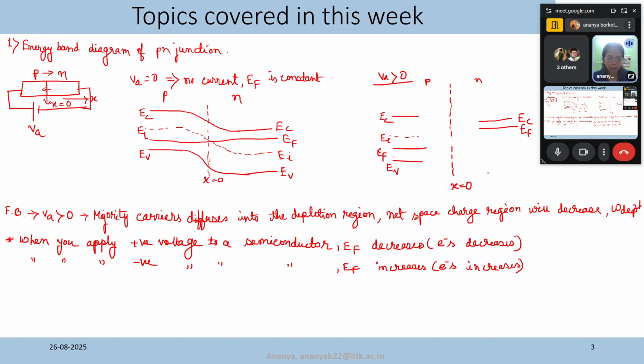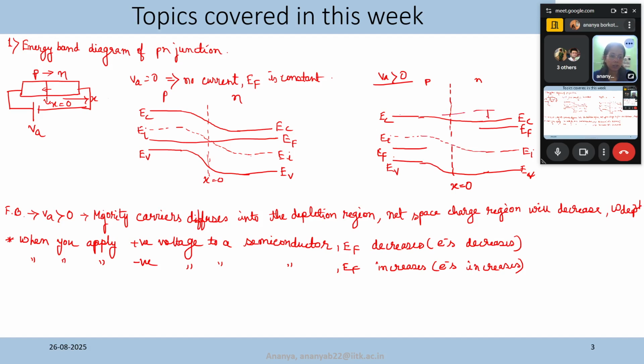The diagrams may not look up to scale, but you get the idea, right? So this is EI. Now again we will join this smoothly. Yeah, the diagram is not very correct, but you get the picture, I hope.